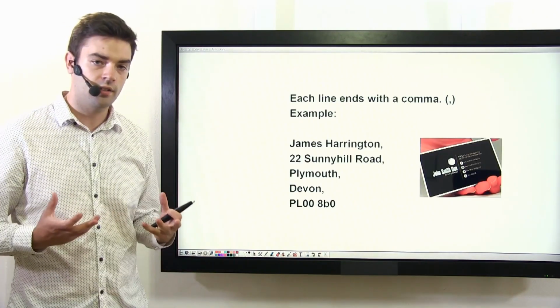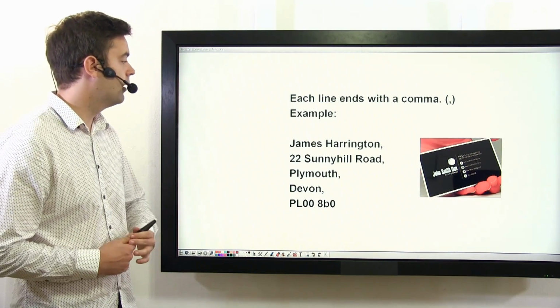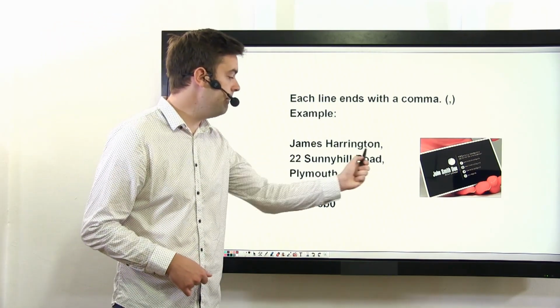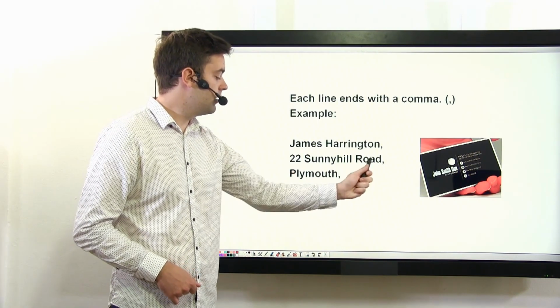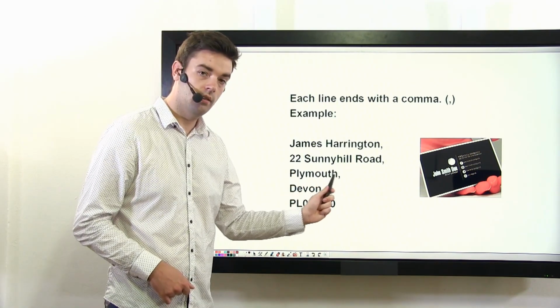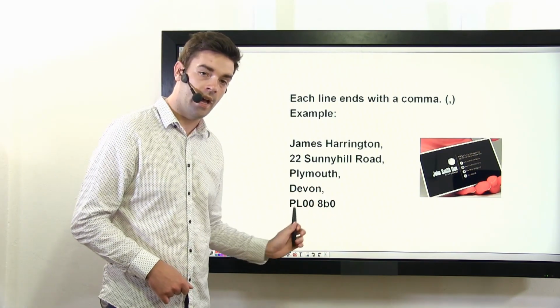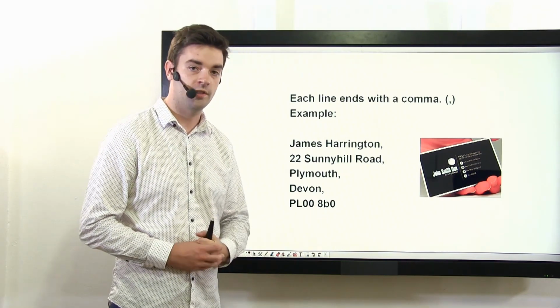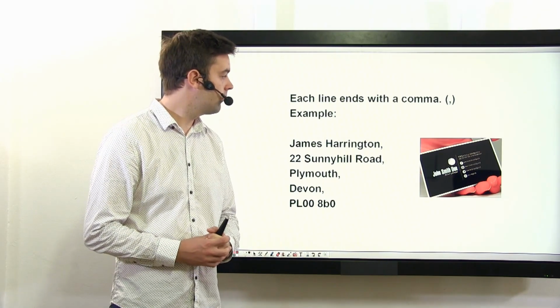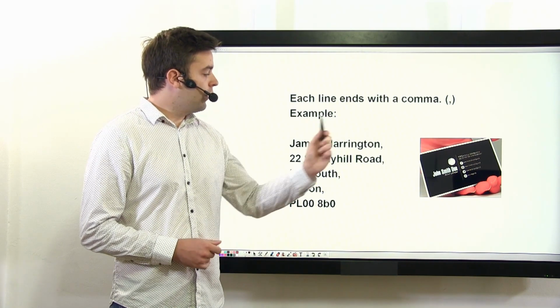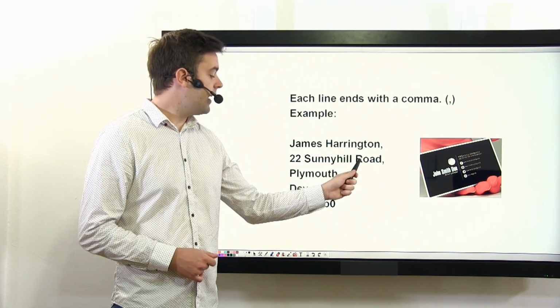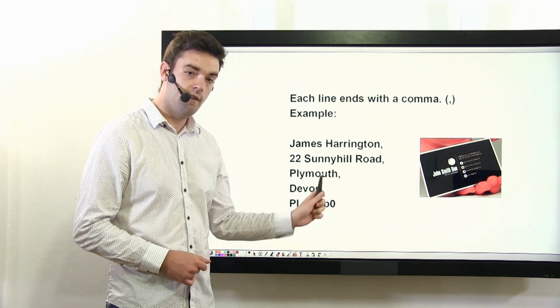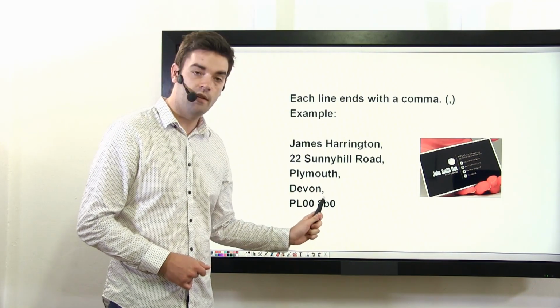It should look something like this. So you've got your name, your street, your city, your region, and your post or zip code. So you've got your first line, second line, third line, fourth line, and final line.